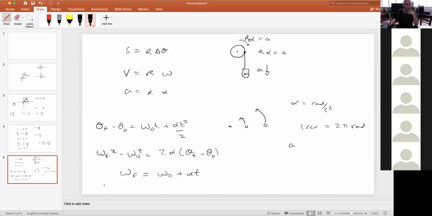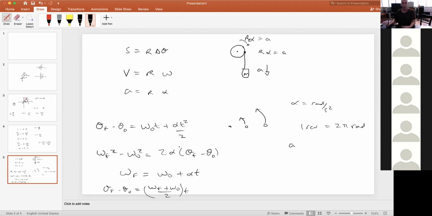And finally, we never use this one, but these are just the same equations that you had for the y when we did projectile motion or the constant acceleration, because we're always going to assume that forces are causing torques and that they're constant.